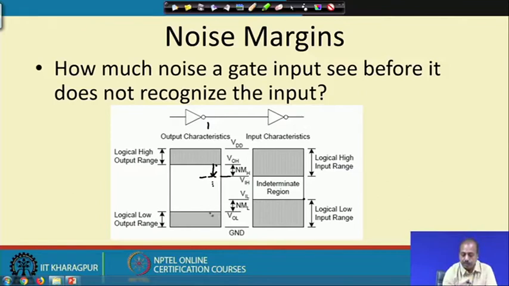Similarly, if the first gate has outputted a low, and due to some noise it goes beyond this level, the second gate will not be able to understand it as logic low. Fine.